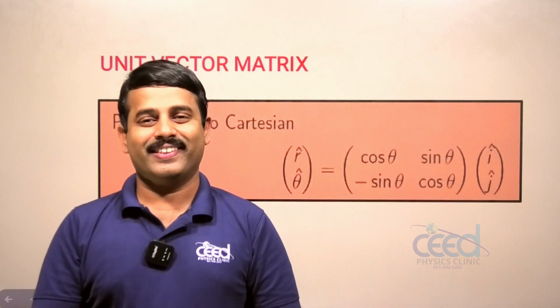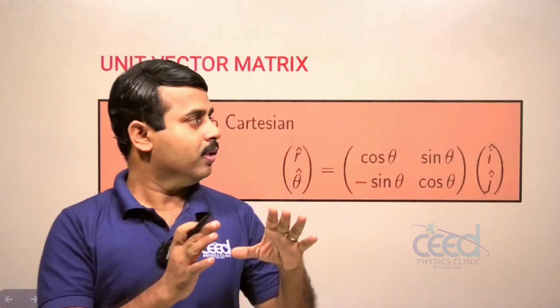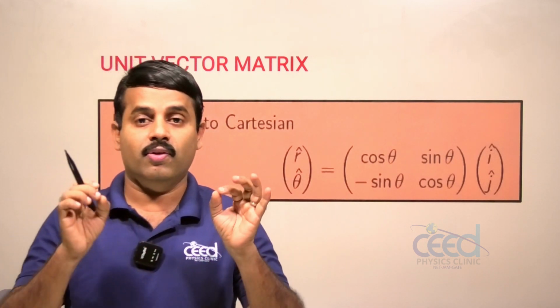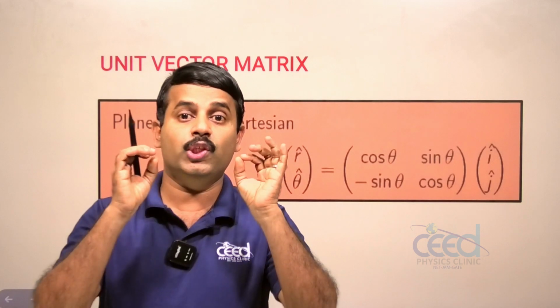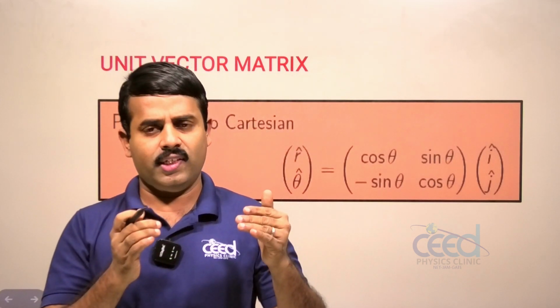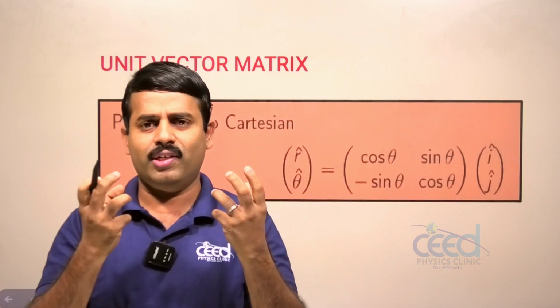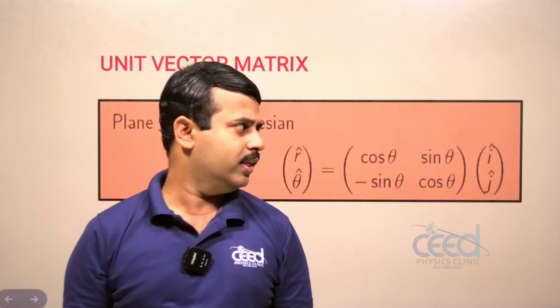Hi friends, good afternoon. Today we are focusing on another section of vector analysis, that is the unit vector matrix. We already saw different kinds of unit vectors in different coordinate systems.